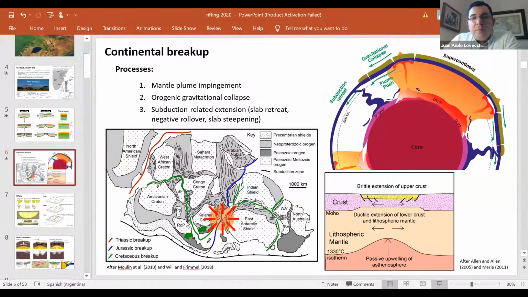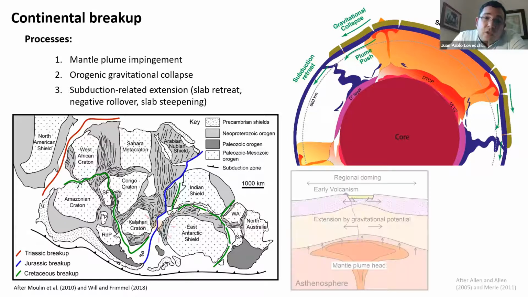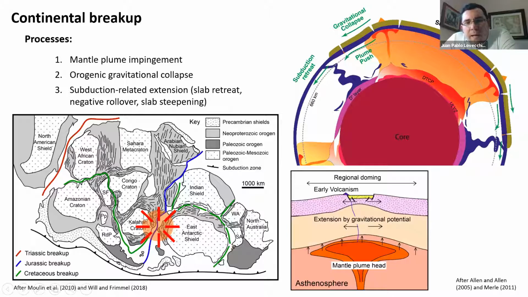The rift basins associated with orogenic gravitational collapse, the size of these basins is associated with the size of the orogen, obviously, but it doesn't necessarily happen all across the orogen. It can be localized along previous structures. In the case of active rifting, these mantle plumes normally cannot be larger than 2,000 kilometers in diameter.